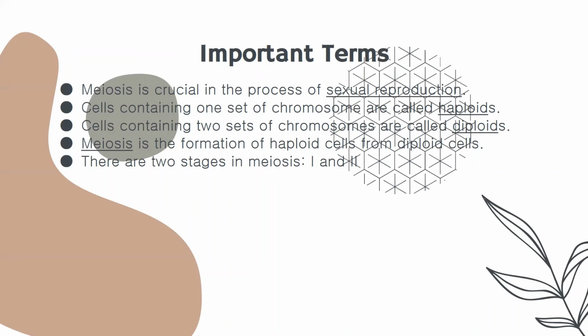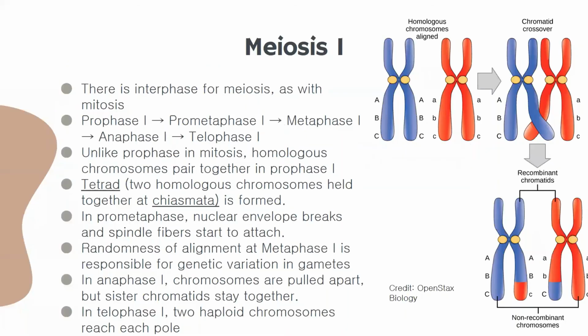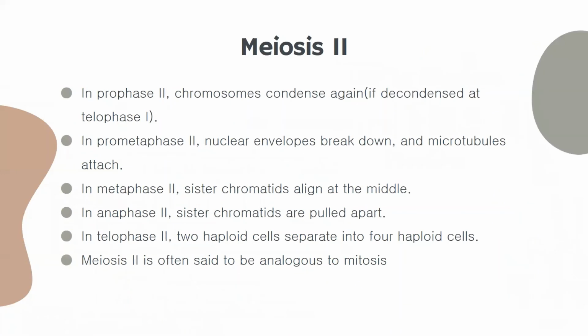We'll review this obviously, but basically there are two stages of meiosis. Unlike mitosis that goes through a single process, there are two stages, meiosis 1 and meiosis 2. In meiosis 2, it's not two homologous chromosomes, it's a single chromosome, and it's the chromatids that are pulled apart instead of the whole chromosome.